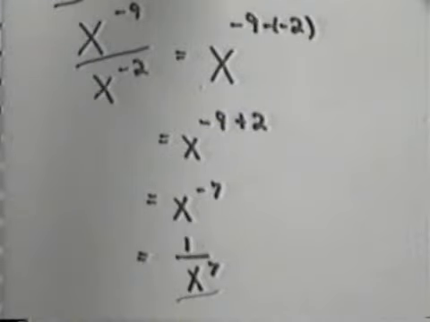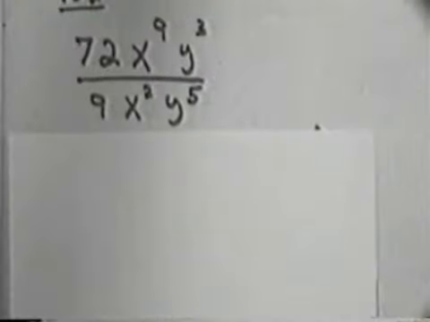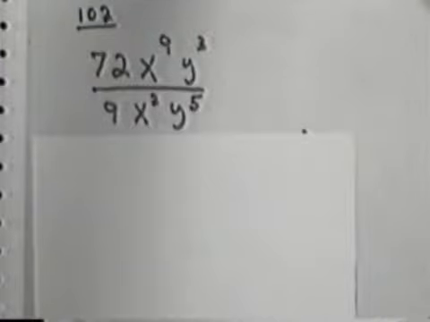Let's look at one more example before I give you some exercises. Let's simplify 72 x to the 9th y cubed divided by 9 x squared y to the 5th.